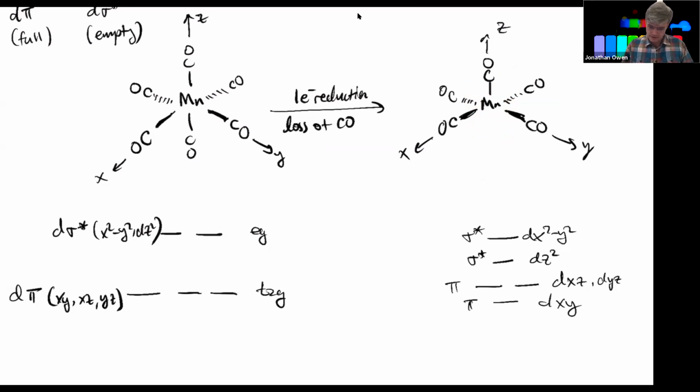So let's put in some electrons here. Low spin d7. Low spin d7.